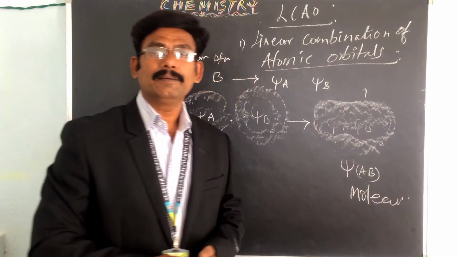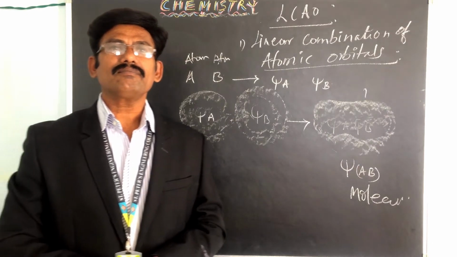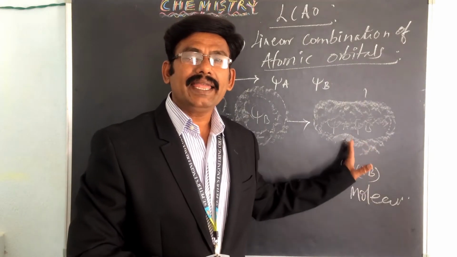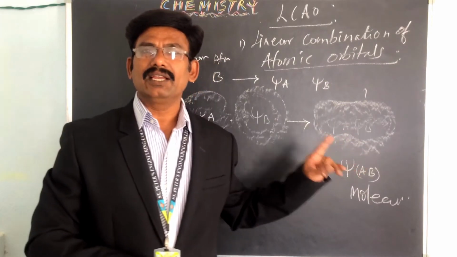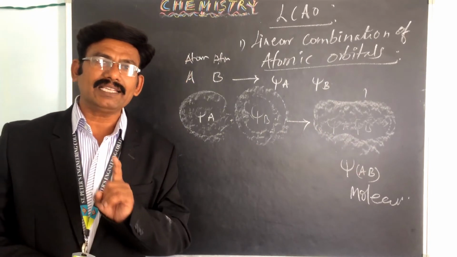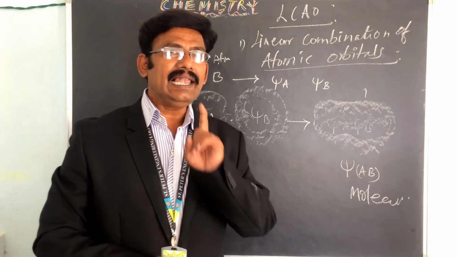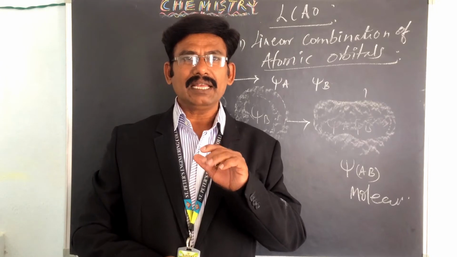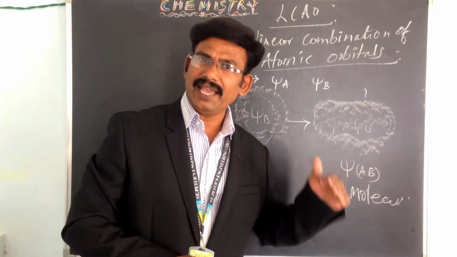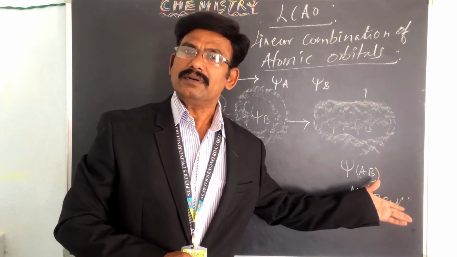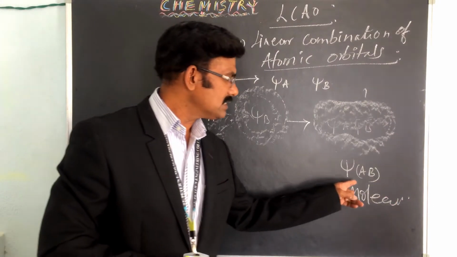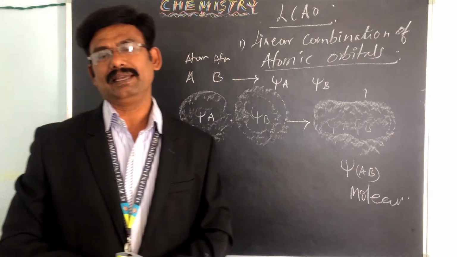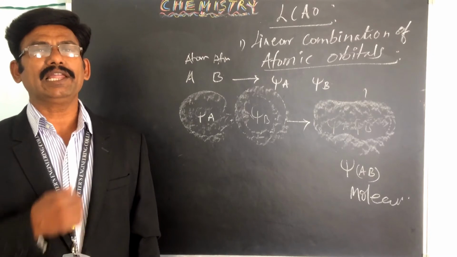So here, what happened? Psi A and psi B. So how can we write this one? It is a linear combination, meaning the linear combination of psi A and psi B, that is psi AB molecule.